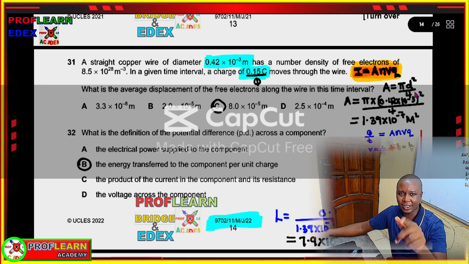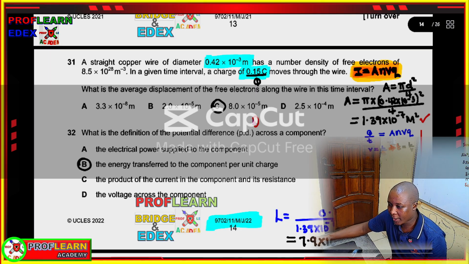So if you take d over 2 squared, it is going to be d squared over 4. Then we can work out the cross-section area of the wire that we have under consideration.